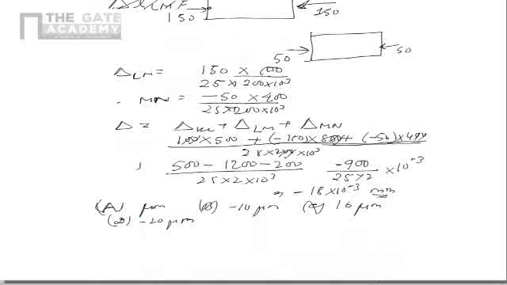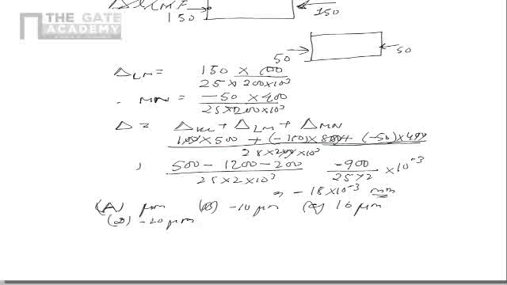It is 100 into 500. That's right, 100 into 500 plus minus 150 into 800. Is that right? 17 minus 9 is 800, right? And minus 50 into 400.